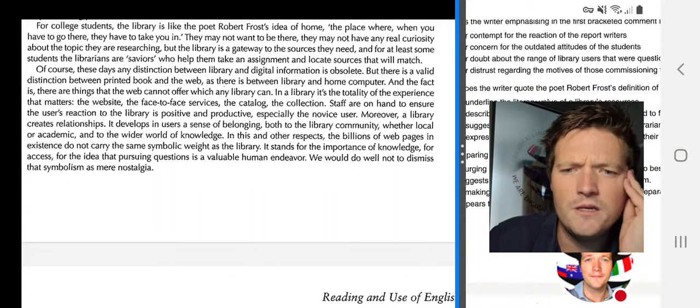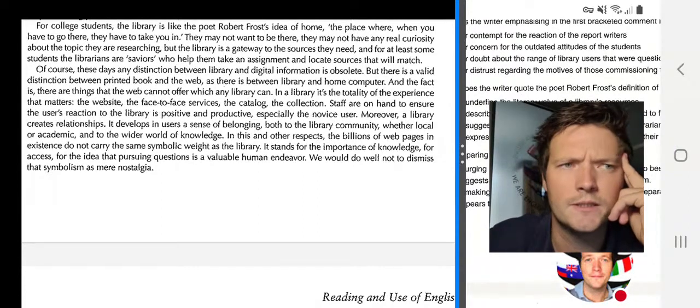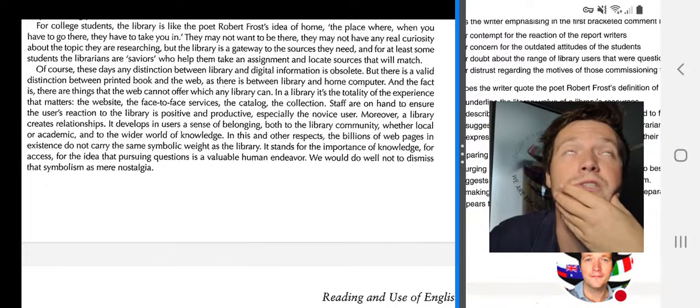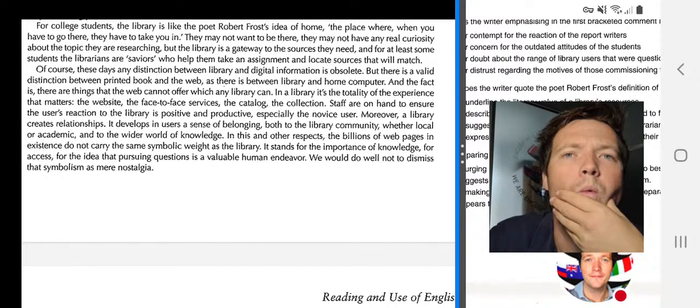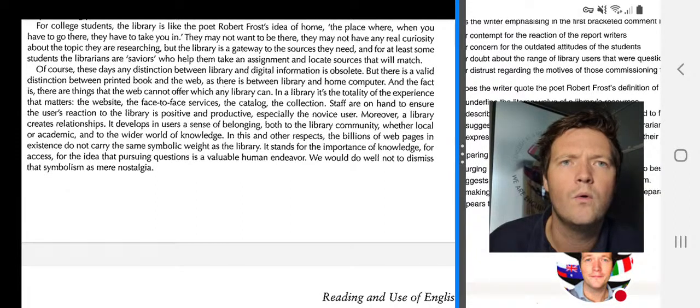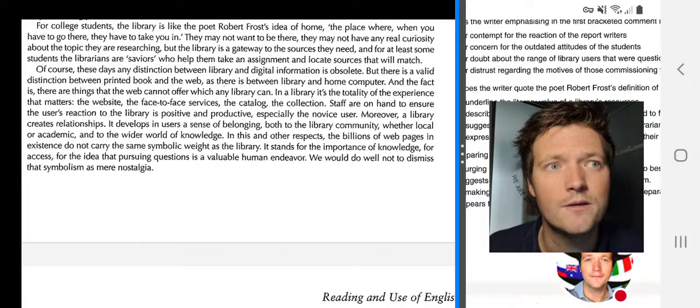So why does he quote Robert Frost there? It's a woman who's writing this. Why does she quote Robert Frost? I guess to illustrate what relationship students have with libraries.